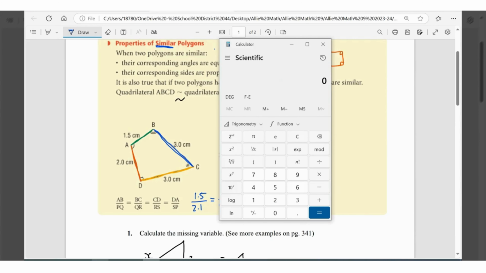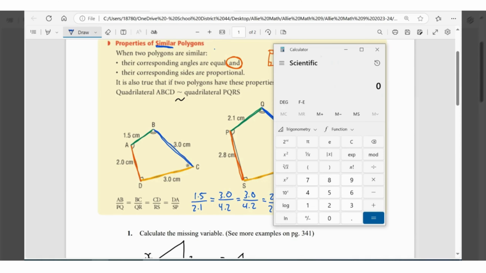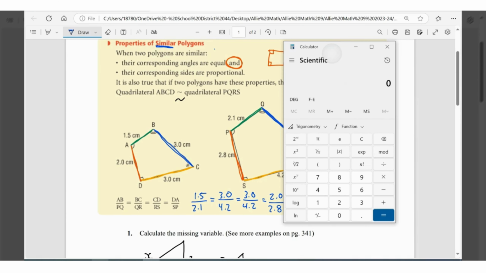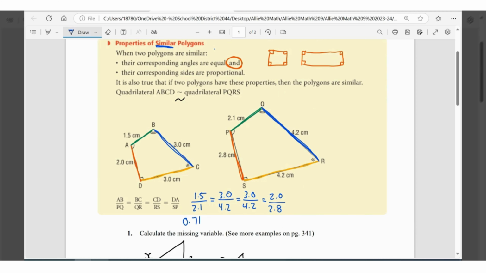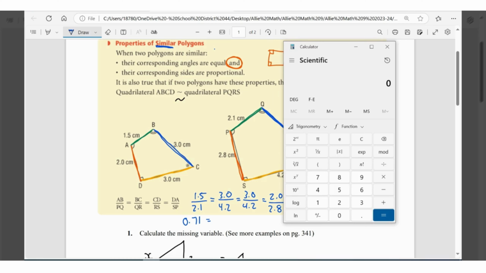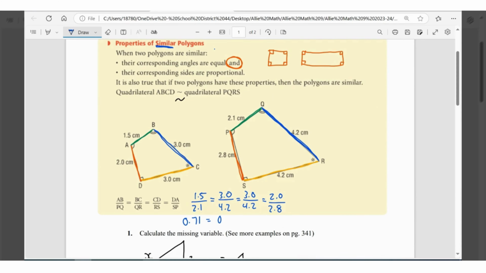So, I'll move this for a second. Hopefully you can see this. 1.5 divided by 2.1 equals 0.71, equal to 3 divided by 4.2, 0.71.